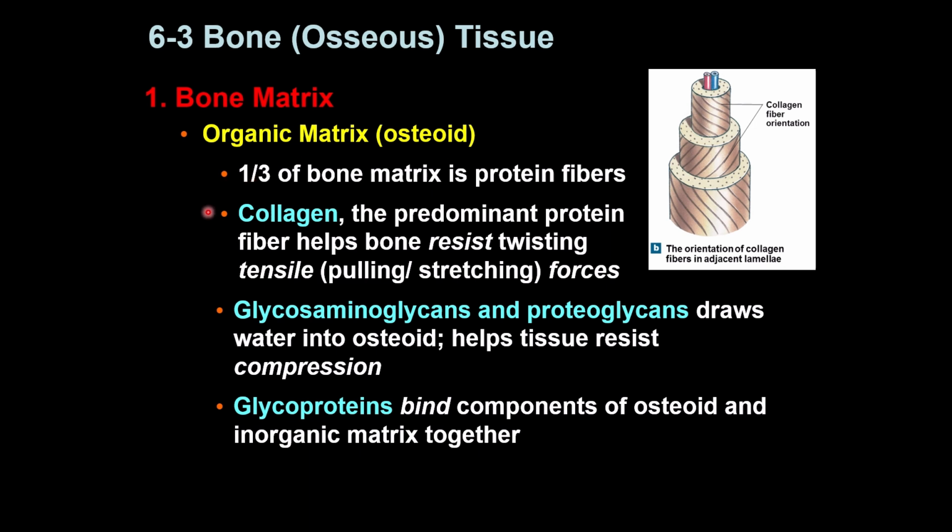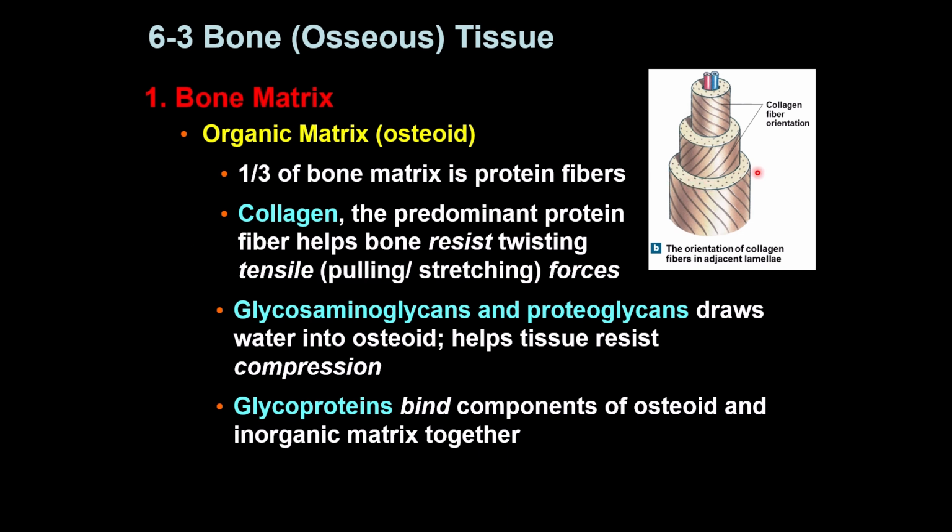The most important one is the collagen fibers, which are made of proteins. If you remember from chapter 4, collagen fibers are flexible but very strong, and they resist forces in one direction, so they are not stretchable.